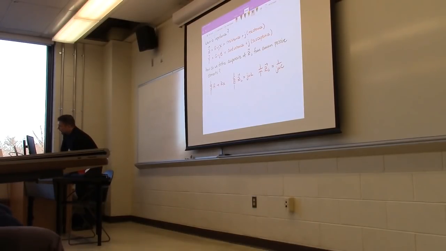Okay, and what if we have impedances in parallel? This I'm not even going to write. If we have impedances in parallel, it follows the same rule as resistances in parallel. Z1 in parallel with Z2, Z1 times Z2 over Z1 plus Z2.